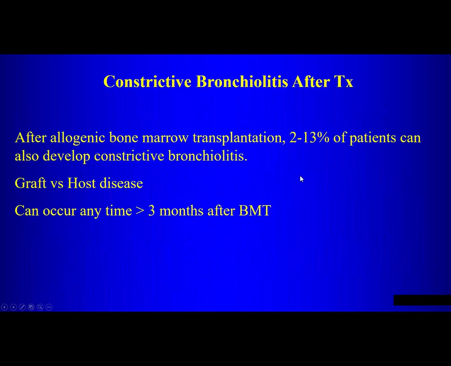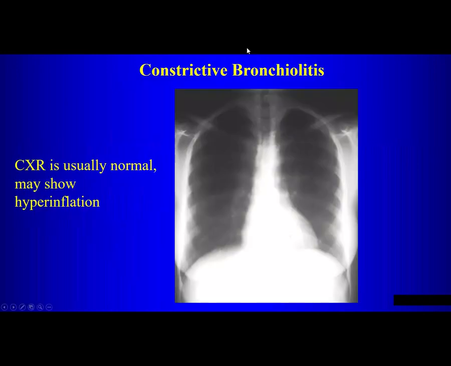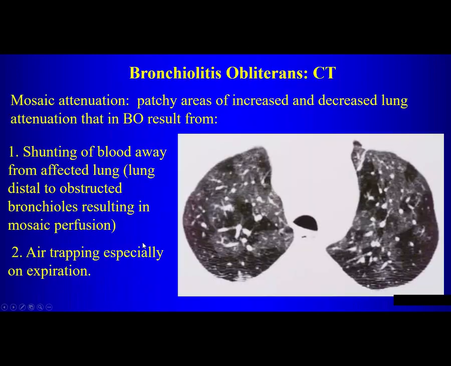After bone marrow transplant, we've talked about graft versus host disease. This can occur anytime after 3 months after bone marrow transplant. You might see air trapping, increased lung volumes with constrictive bronchiolitis. On CT, the manifestation is air trapping.